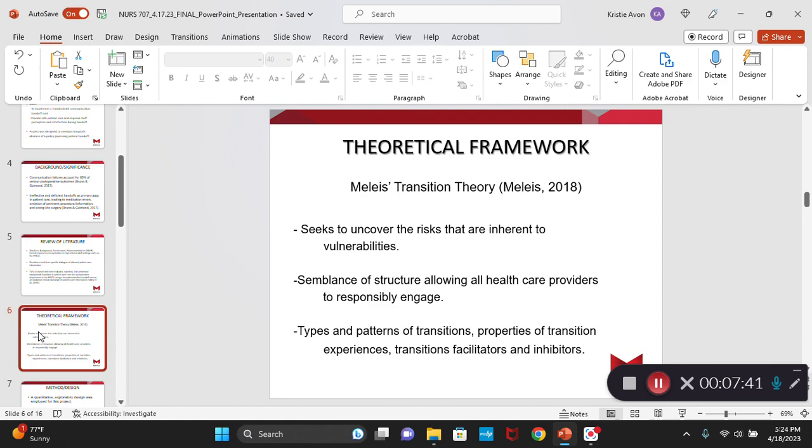Meleis's theory seeks to uncover the risks that are inherent to the vulnerabilities, as we've just discussed. These vulnerabilities are unplanned experiences, person-to-person interactions, circumstantial upended environmental conditions, and the potential for problematic or delayed readjustments.